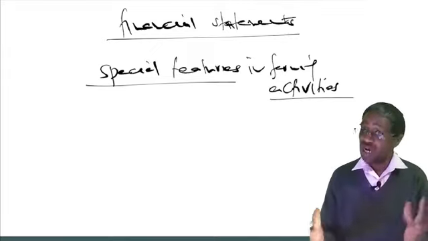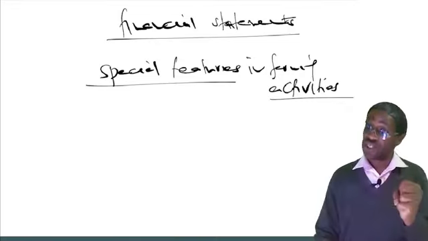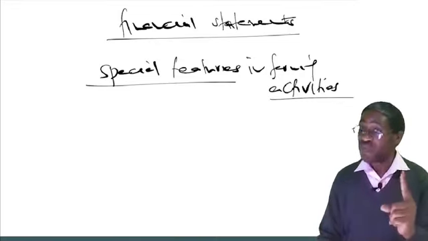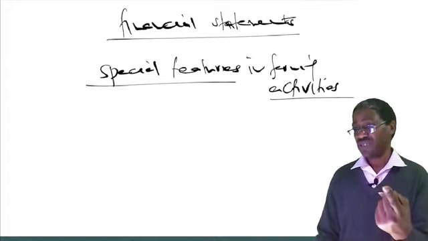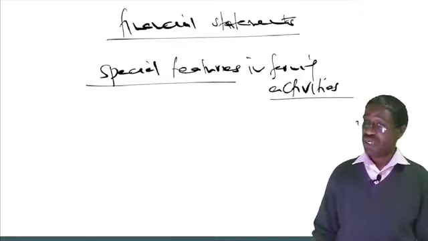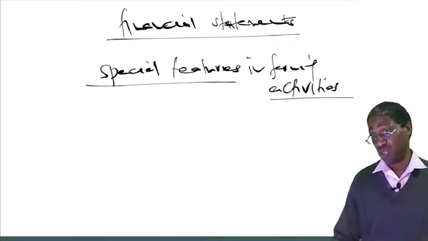You still have to account because this is a business. So manure is from the livestock, so it's an output of the livestock, but an input of the crop. How do you account for it? So those are some of the special features we want to talk about now.